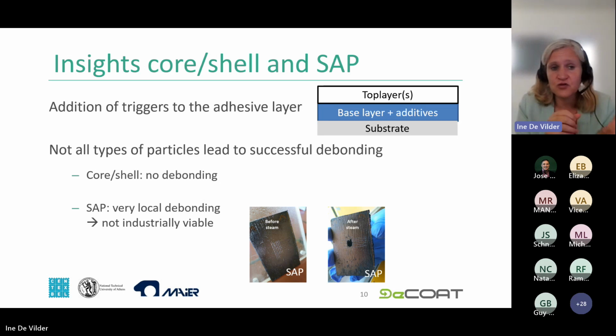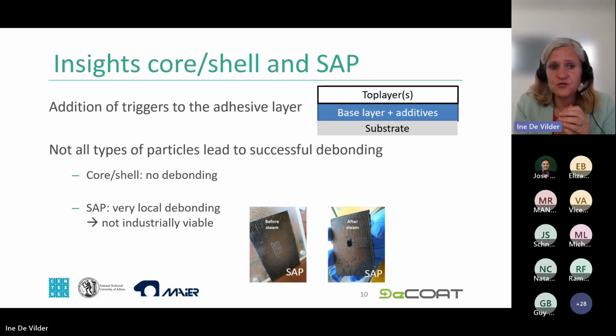If we take the core shell materials, then we didn't see any debonding at all, so these were not effective. We had the superabsorbing polymers, which induced a very local debonding. As you can see also from this plastic part, we can remove the coating upon point of impact of the steam gun, but it's so local that it's really not industrially viable.